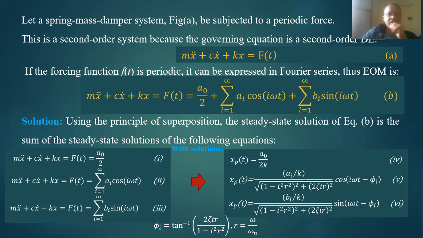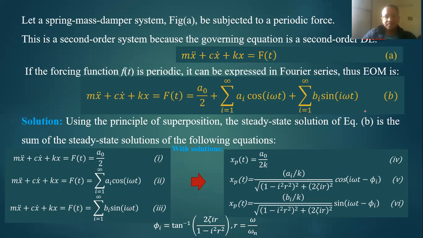The general equation of second order dynamic systems is m x double dot plus c x dot plus k x equals f of t, which implies m x double dot plus c x dot plus k x equals a naught over 2 plus the Fourier expansion of the forcing function. That is a periodic forcing function. This is the general equation.